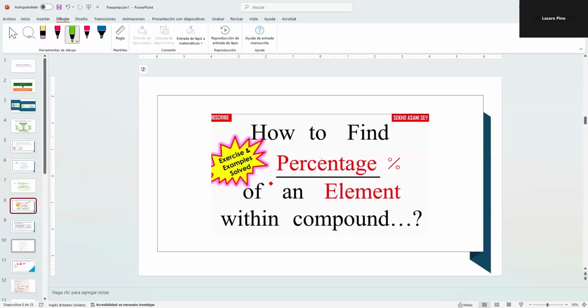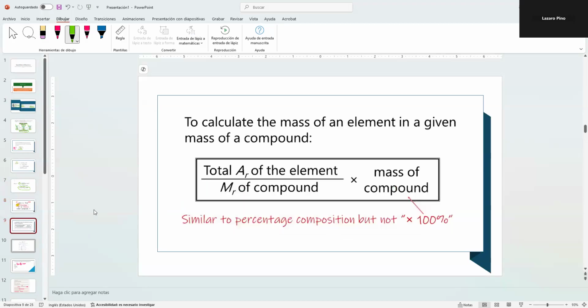But how can we calculate the percentage of one element in a compound? Well, first of all, we have the molar mass of the compound that we calculated as we have done before. And then we use the total mass of one of the elements.